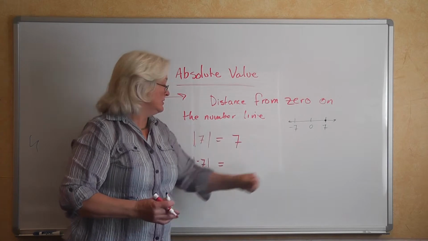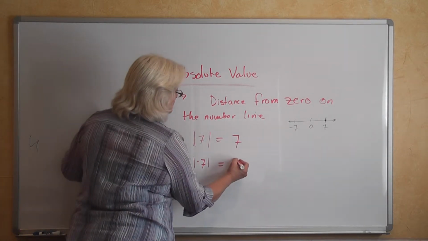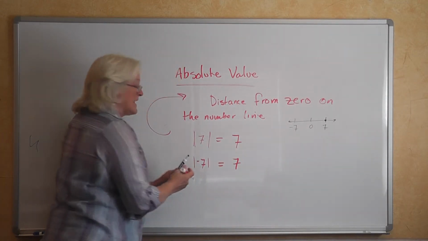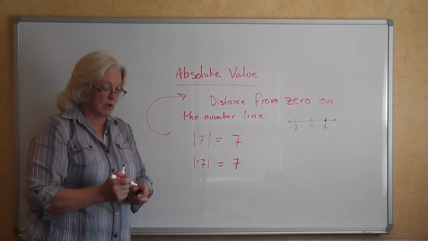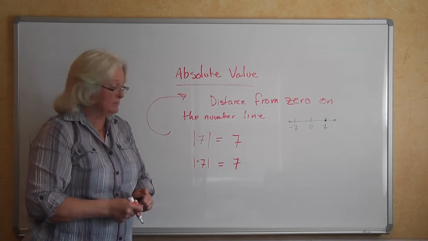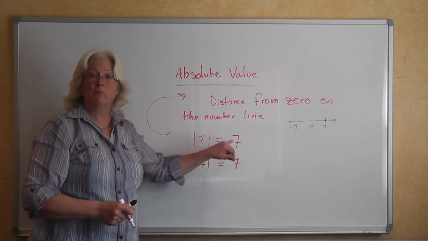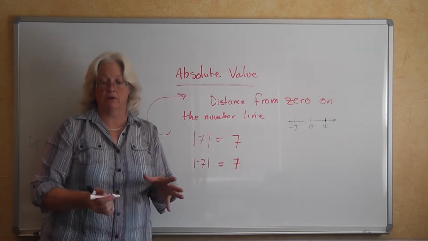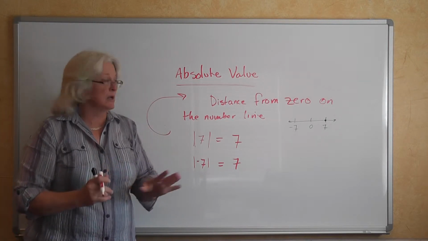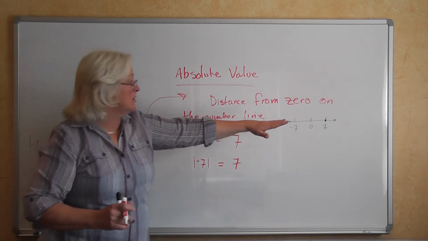Well, it's 7 units. So the absolute value of negative 7 is 7. The absolute value of a positive 7 is 7. And what you're seeing is distance. That's all we're talking about.